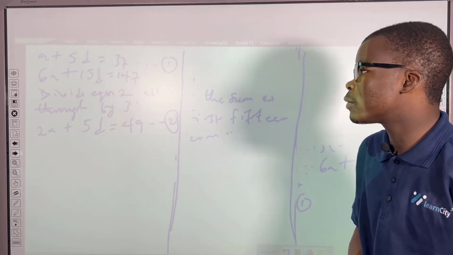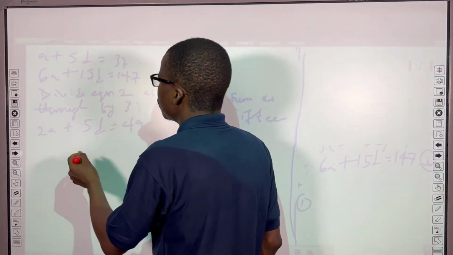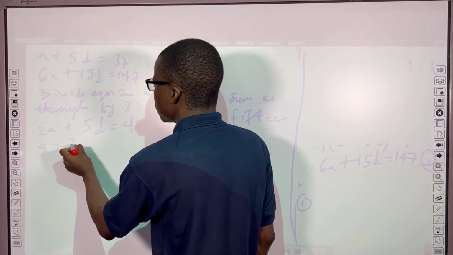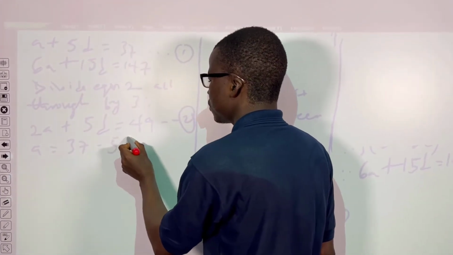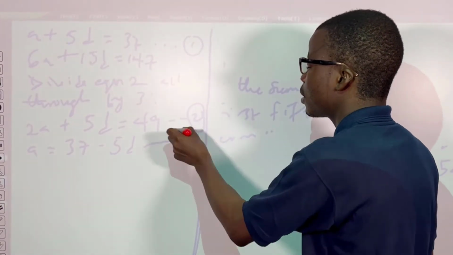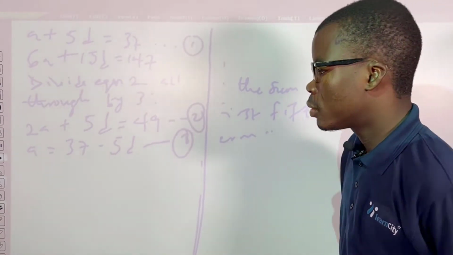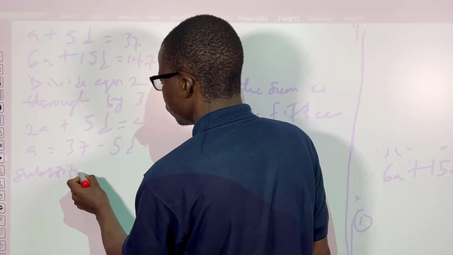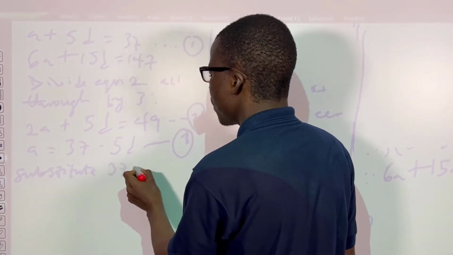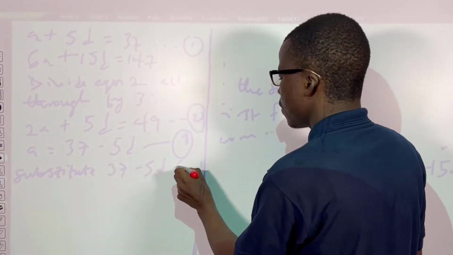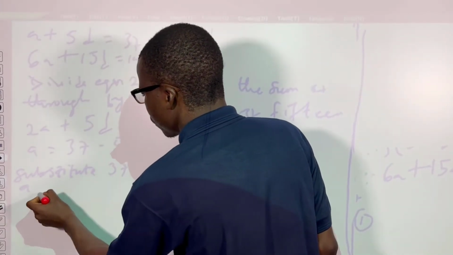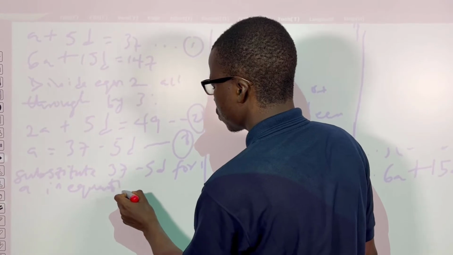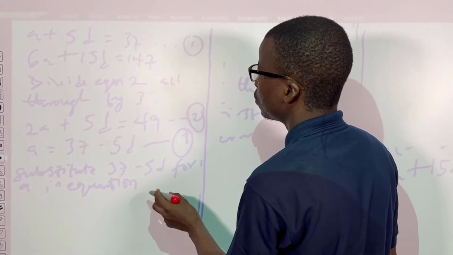Then how do we solve? We say from equation 1, we could actually rewrite it as a equals 37 minus 5d. So this is going to be equation 3. So we say substitute 37 minus 5d for a in equation 2.